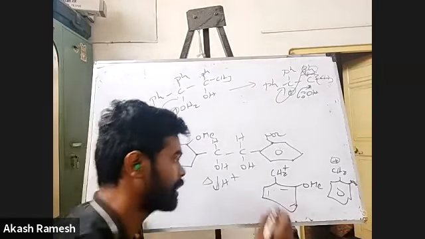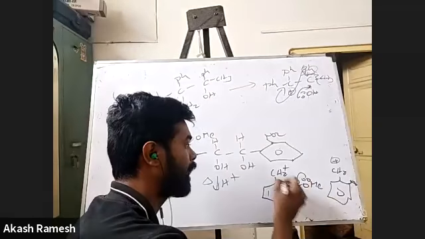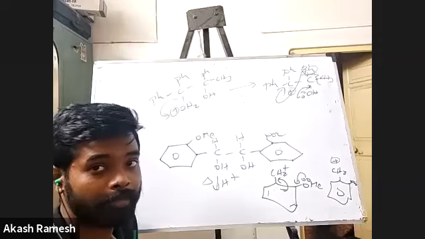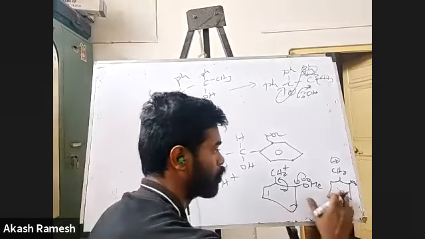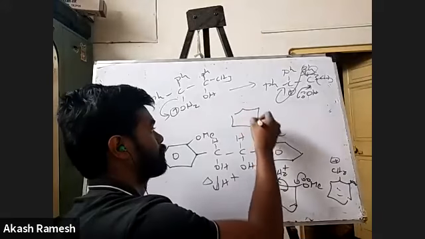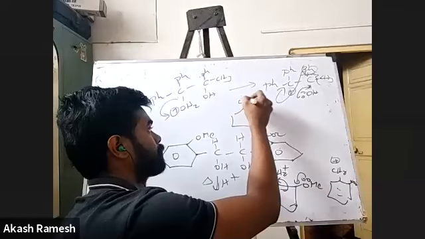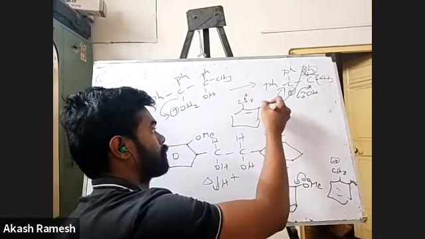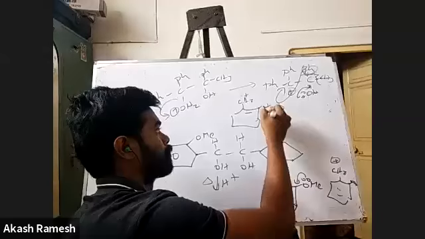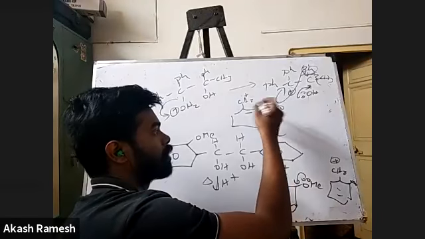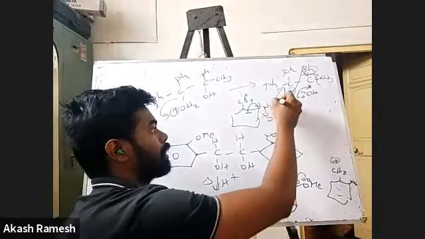Now please understand, I have 2 electrons. This will come and this can go here. But what happens in NO2? Maybe I'll write it here. This bond will come here and this bond will break.